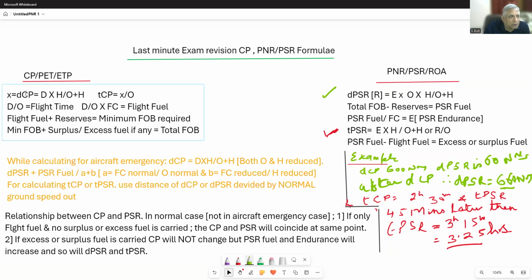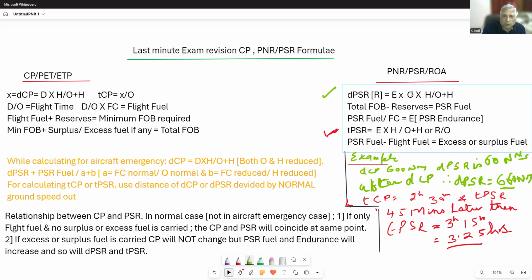First, a quick revision. We know the value of x, d, h over O plus h. Time to critical point is this distance x divided by O. dPSR is EOH over O plus H, and E is the PSR endurance. PSR fuel is total fuel on board minus reserve fuel, divided by fuel consumption is the endurance.